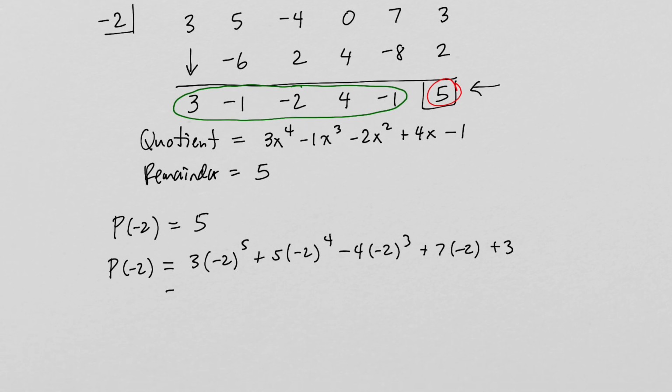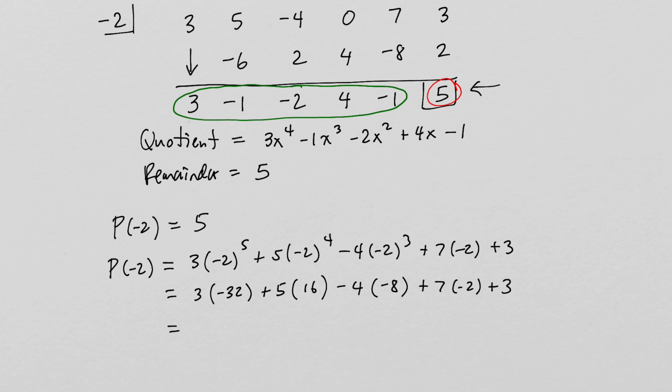Now if we do the math here, 3 times negative 2 to the 5th power is negative 32, plus 5 times negative 2 to the 4th power is positive 16, minus 4 times negative 2 to the 3rd power is negative 8, plus 7 times negative 2 plus 3. Now let's do the multiplication. 3 times negative 32, 5 times 16, negative 4 times negative 8, 7 times negative 2, and positive 3.